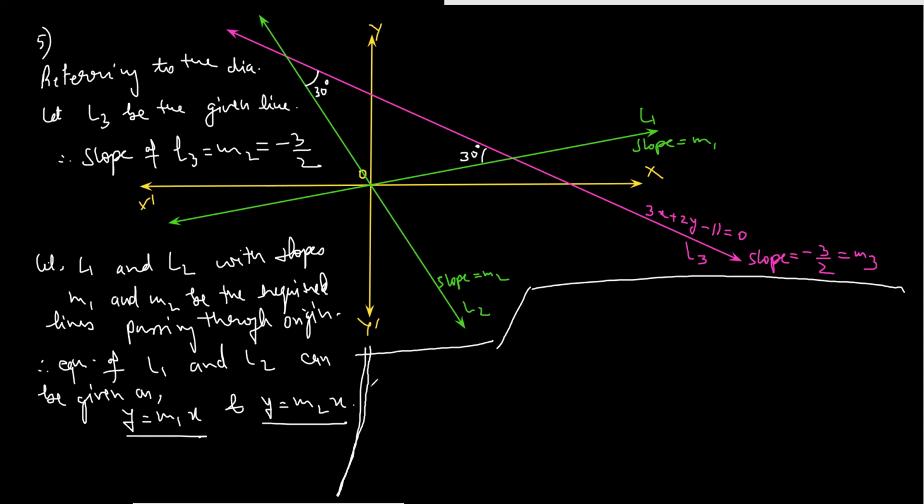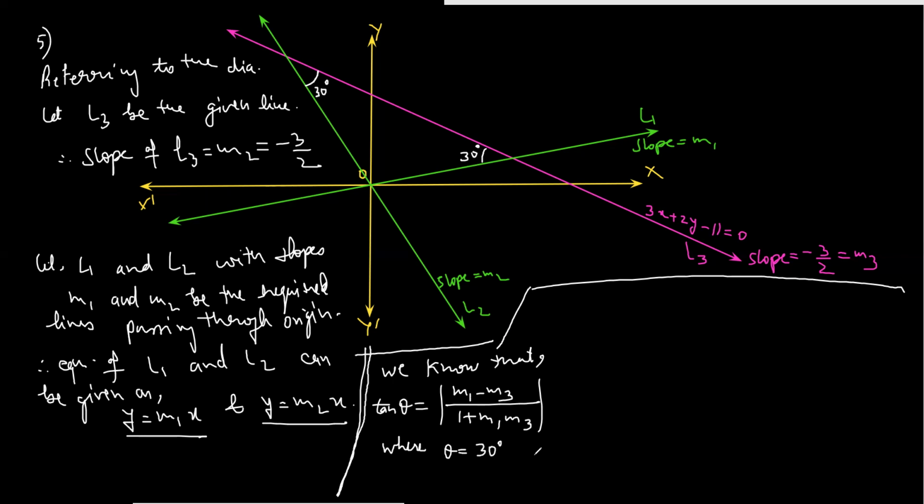We know that tan of theta is equal to m1 minus m3 upon 1 plus m1 m3, where theta equals 30 degrees and m1, m3 are slopes of L1 and L3.